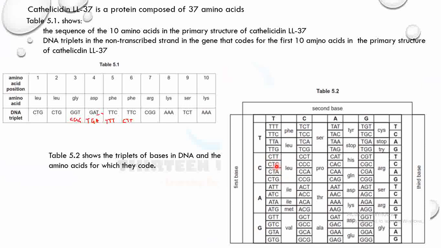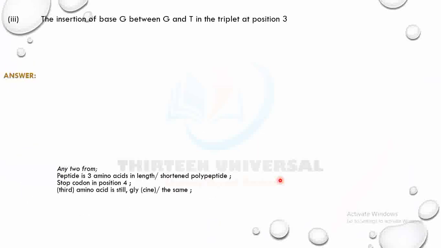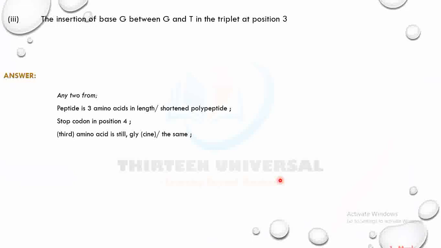Especially the third position base, when you change it, it will still give you the same amino acid. That is called degeneracy. One amino acid can be coded by more than one base triplet.